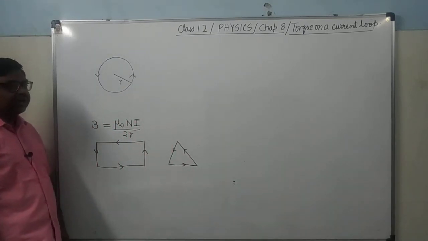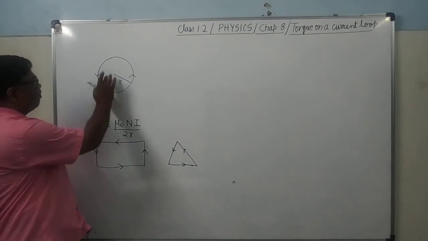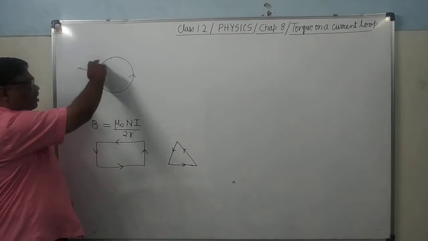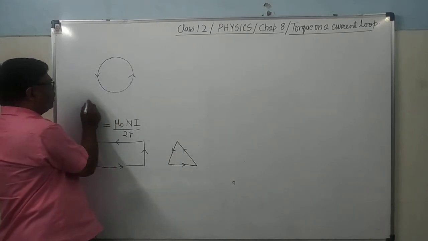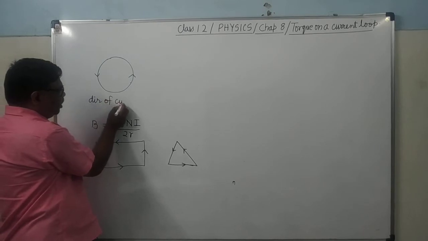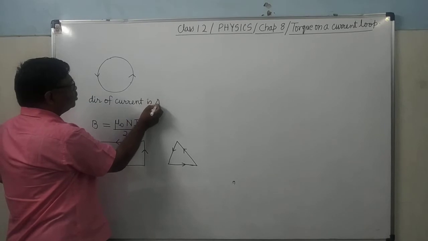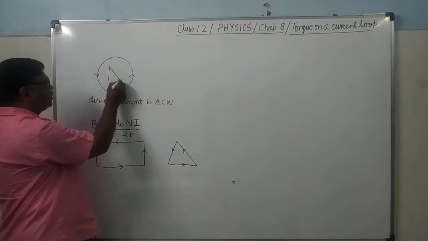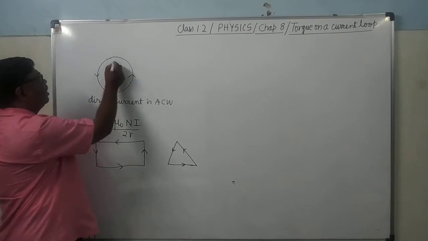It produces a magnetic field. It has two magnetic poles. And what will be the magnetic poles? If the direction of current in the coil appears anti-clockwise, as here, then the polarity is taken as north.